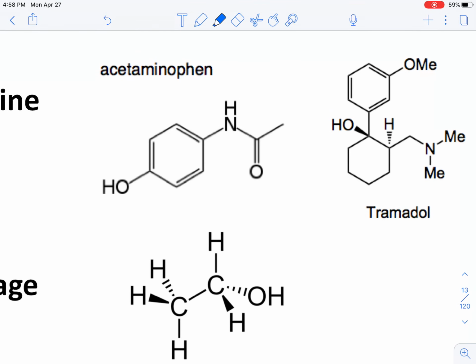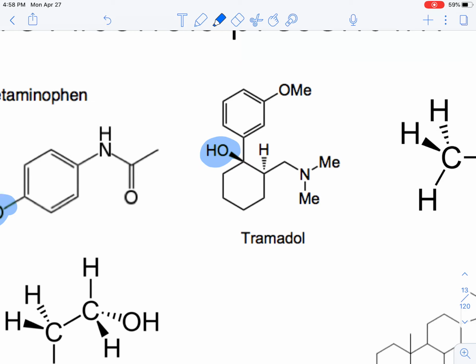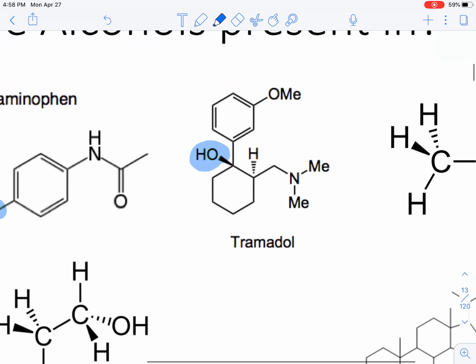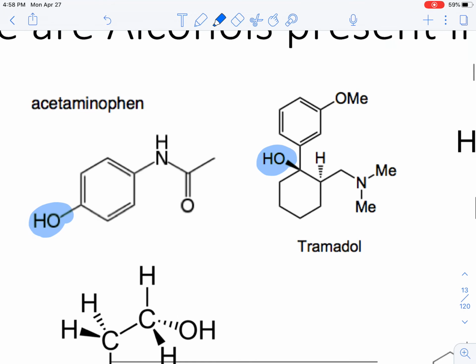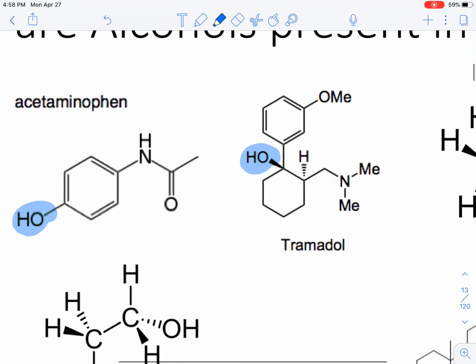And if you look at the structure of acetaminophen, notice there's a hydroxyl functional group. And so tramadol, I believe it's an opioid derivative, so it acts as a pain reliever. And you'll see that tramadol also has a hydroxyl group amongst other functional groups.